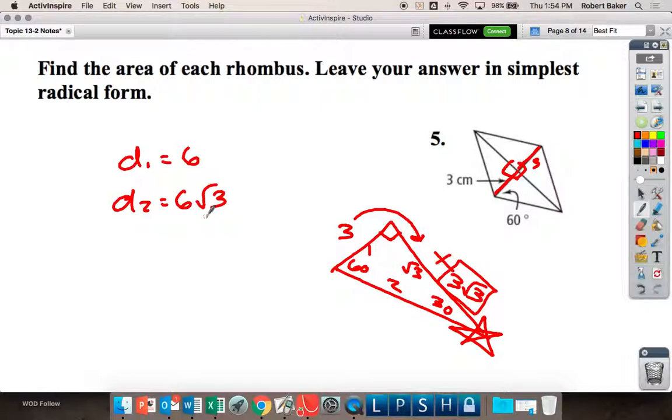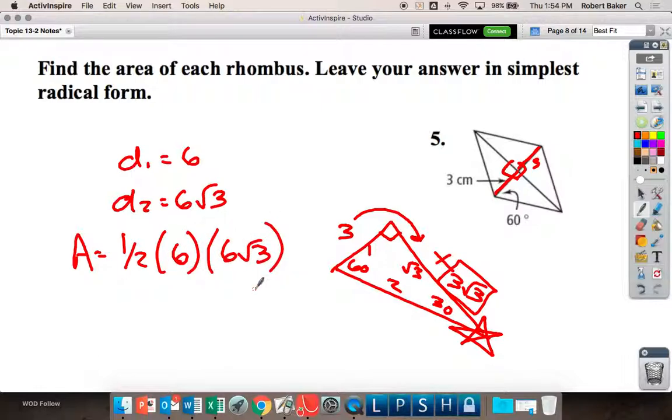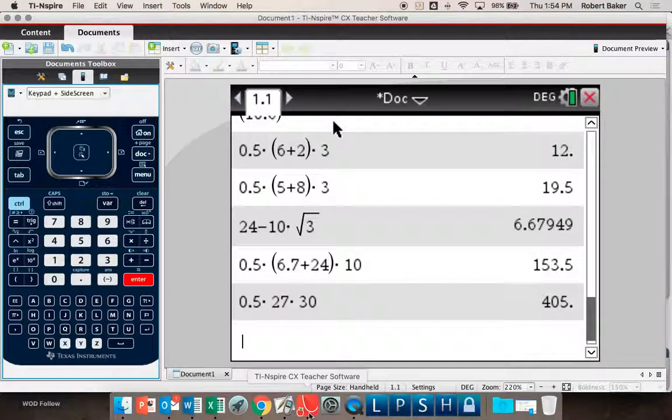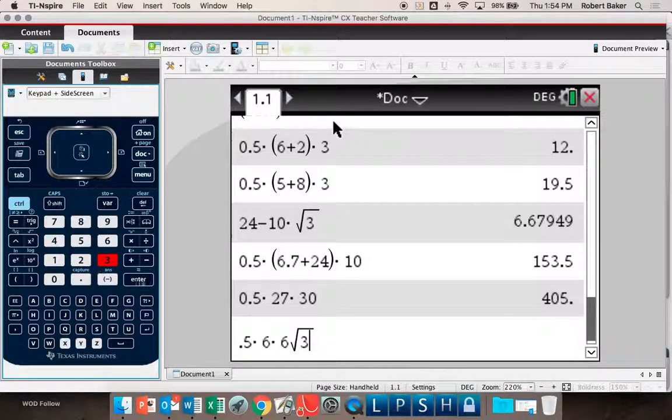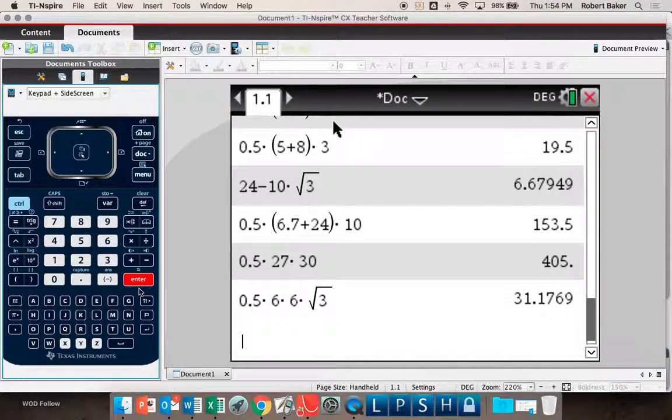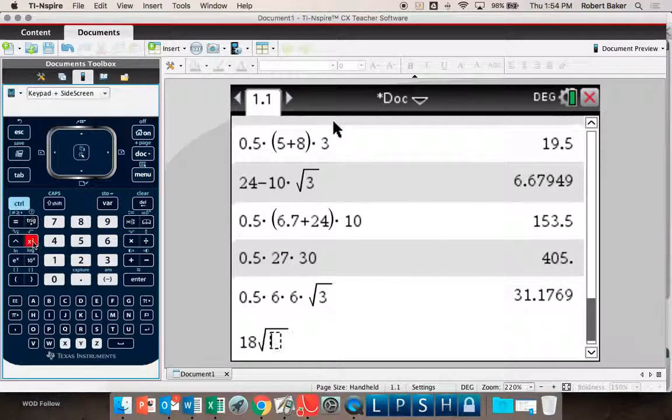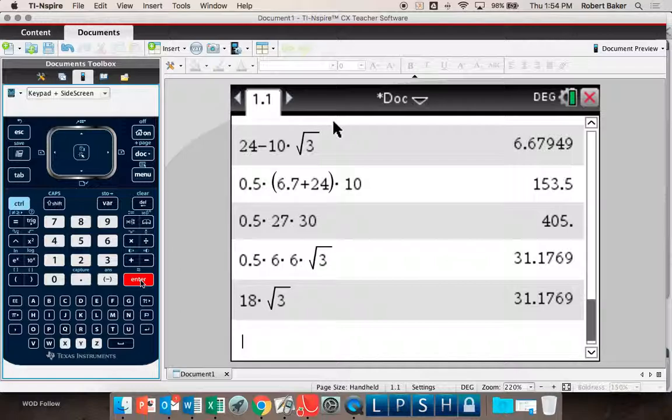Yay, so I'm ready to go. I have 2 diagonals and a formula to find the area of that rhombus: 1/2 diagonal 1 times diagonal 2. I'm going to type that in my calculator because I'm scared of it. 1/2 times 6 times 6 square roots of 3 is 31.17, aka 18 square roots of 3.